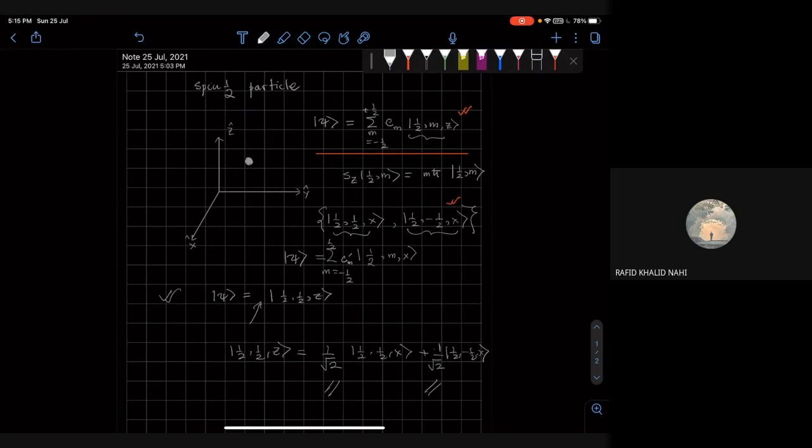So in general, the answer to my question is yes, of course. This state can be expressed in any basis we like. This basis is no different from this basis, and depending on what the state was and which basis we are choosing to express this, these constants will change.